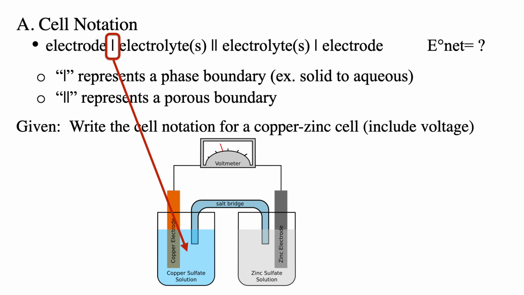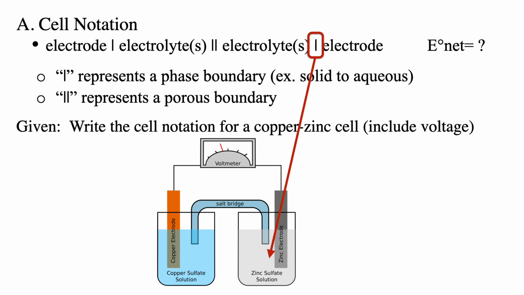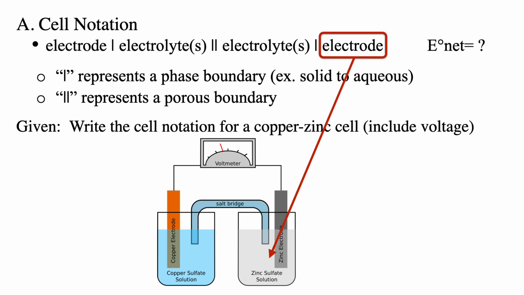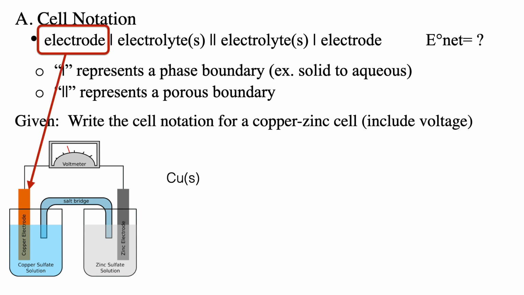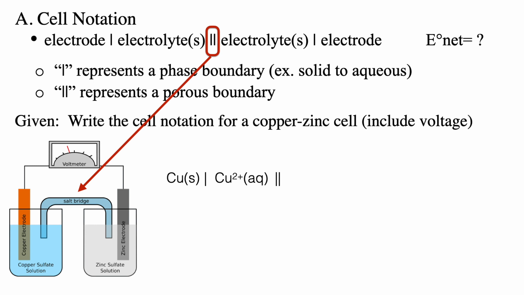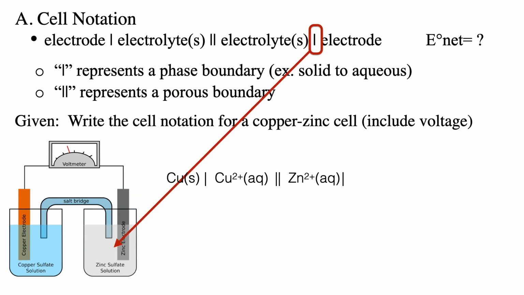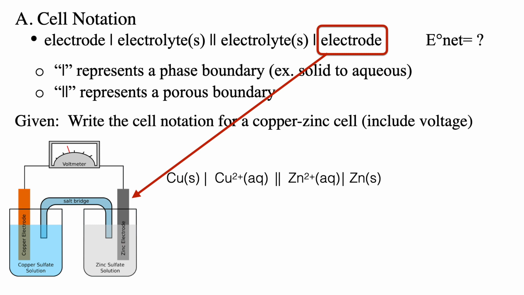So there's my electrode, then my electrolyte, salt bridge, electrolyte, and then my line, which just represents a phase boundary, like the electrolyte is aqueous and the electrode is solid. So I write my copper, which sits in the copper 2 ion, I've got my salt bridge or a porous cup, zinc, and then the zinc solid sits in the zinc 2 solution.